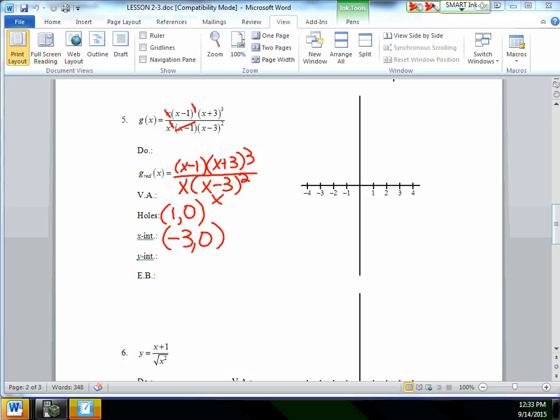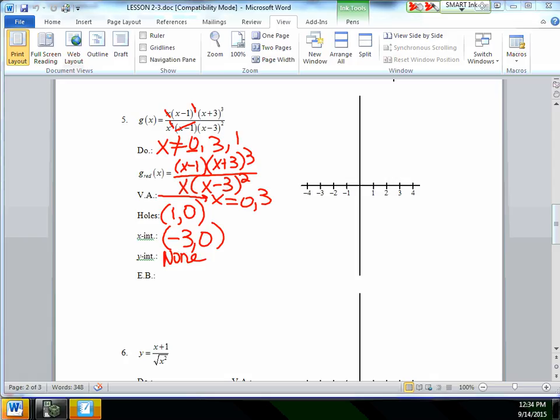We have VAs right here at x equals 0 and 3. So that means on our domain, x cannot equal 0, 3, or 1. So on our y-intercept, we normally would let all the x's be 0, but because of this fact right here, we can't ever be 0. So that means I don't have any y-intercepts.